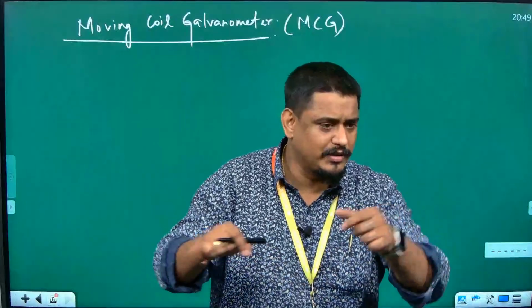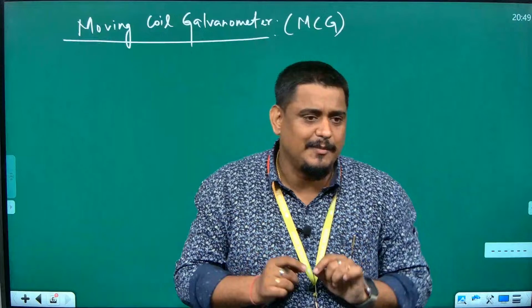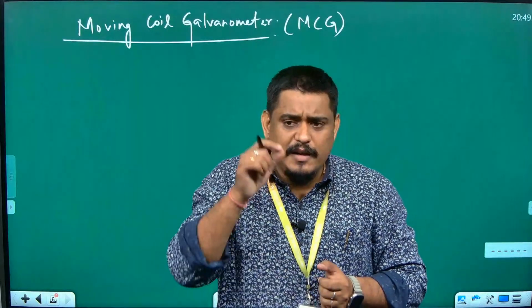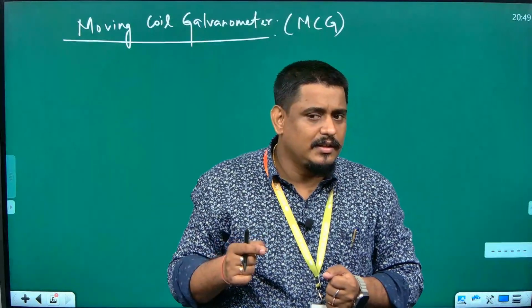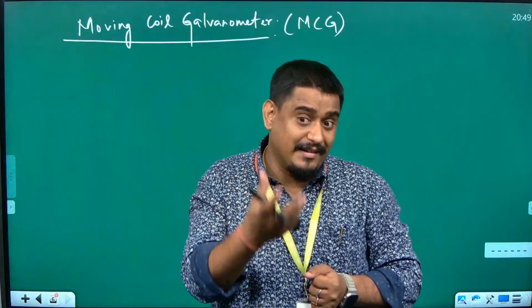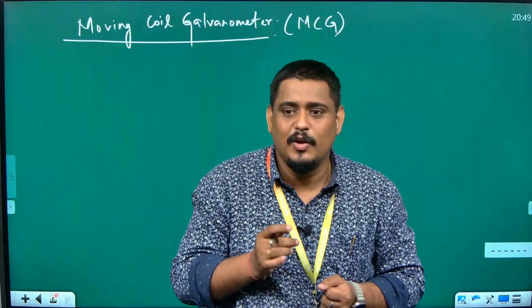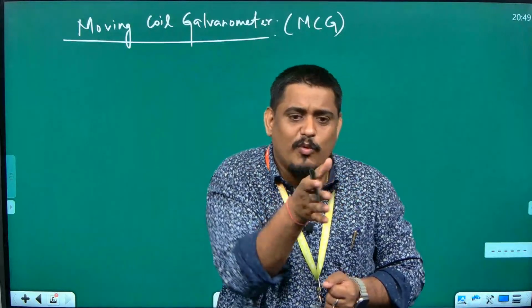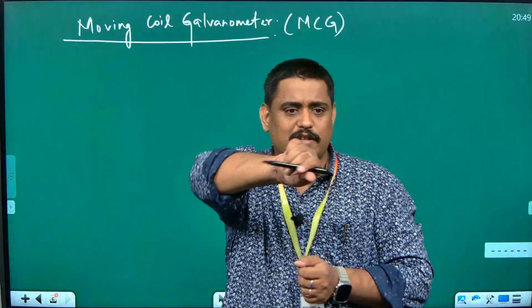And if I attach my circuit to the MCG at plus and minus, even if a small amount of current is coming in the wire, the magnetic field of the magnet and the current in the coil will create a torque inside, and the torque will make the coil move like this. If the coil moves like this, the arrow also turns like that.